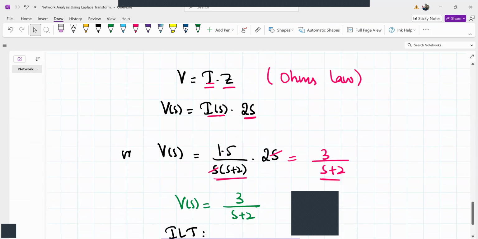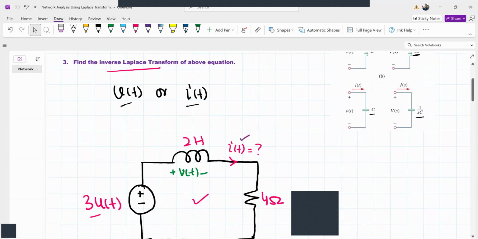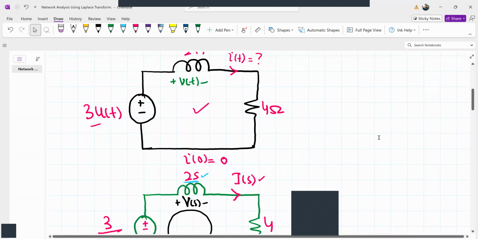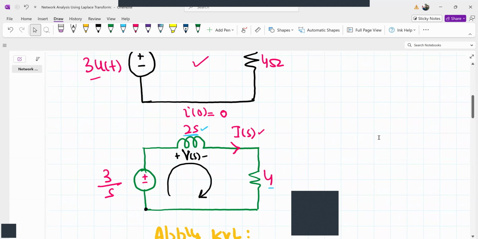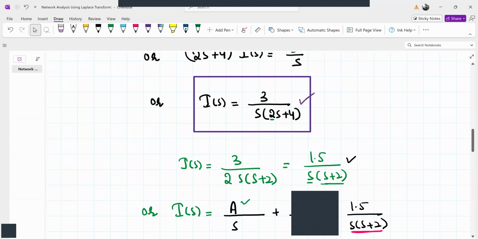I hope you understood. So what are the steps? Let me repeat them again. First, we convert the given circuit into its Laplace transform version. Then we write the appropriate KVL or KCL that connects to the variable we need to find in the s domain. Once we have found the equation, we need to apply the inverse Laplace transform.